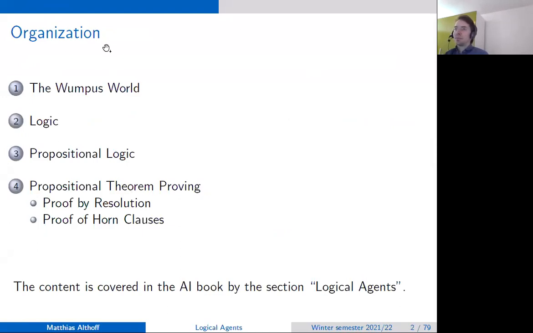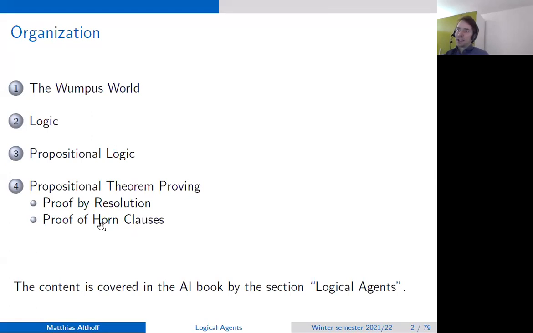So how is this lecture organized? I'll first introduce you to the Wumpus world, which will motivate the use of logics. Then we'll talk about logics in general, and then about propositional logic, which is probably the easiest logic you can imagine. And then we will perform theorem proving using propositional logic. And one aspect will be proof by resolution, and the other method will be proof of Horn clauses.